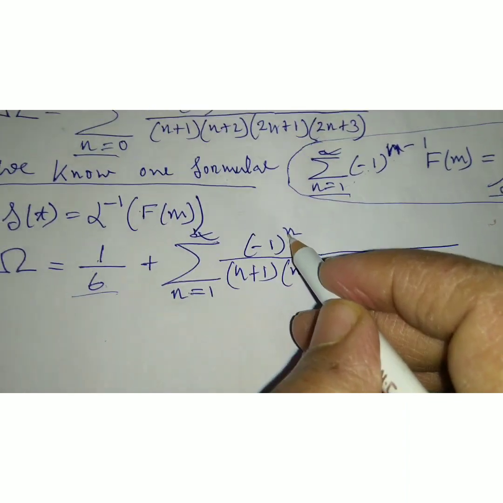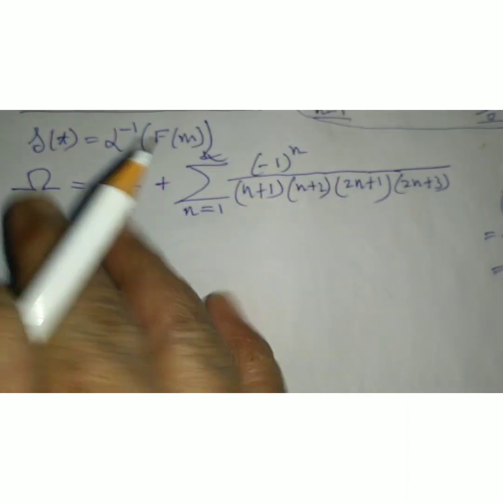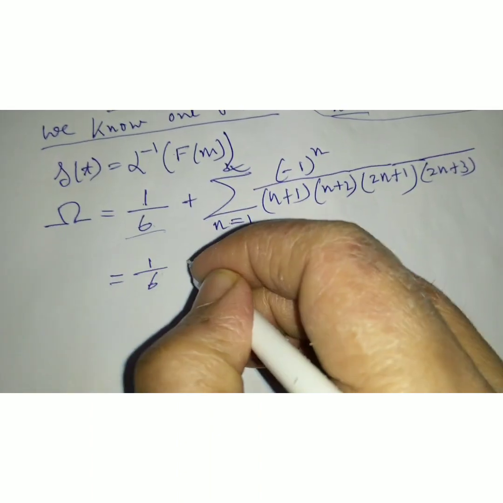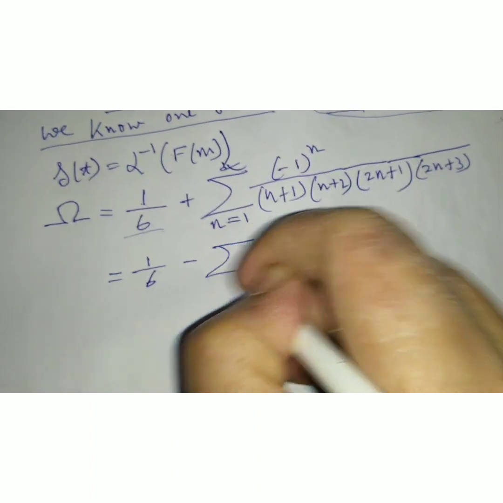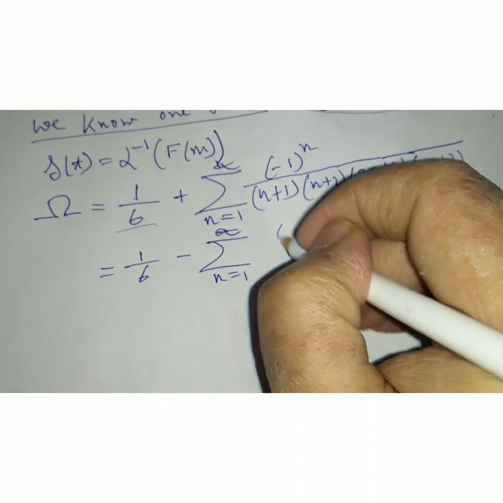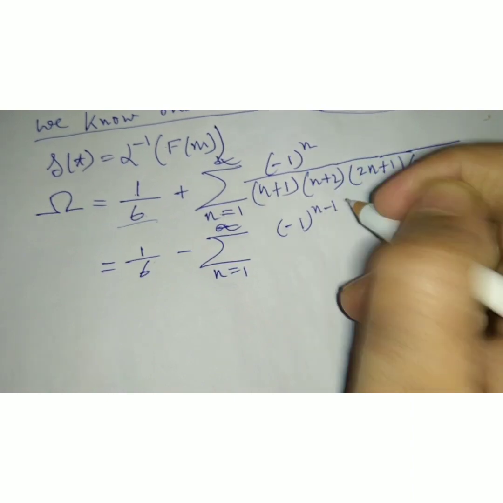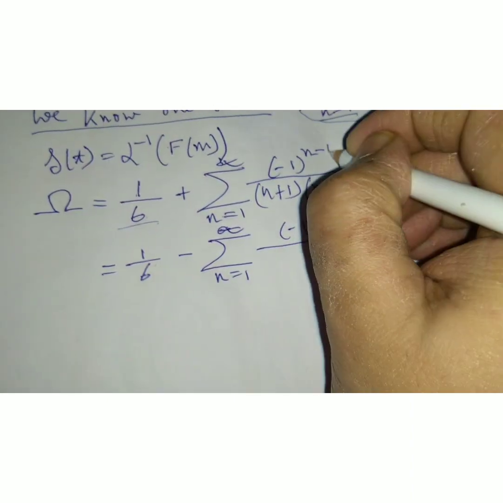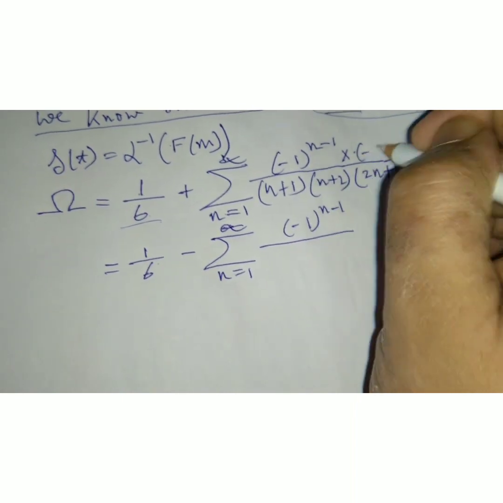But here I see n, so I have to write it this way: 1 by 6 minus summation n equals 1 to infinity of minus 1 to the power n minus 1.